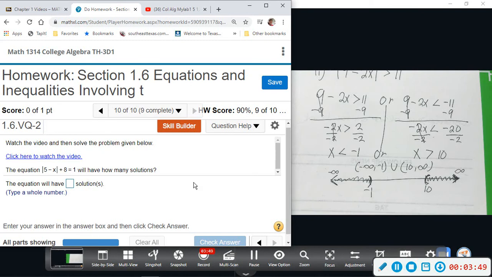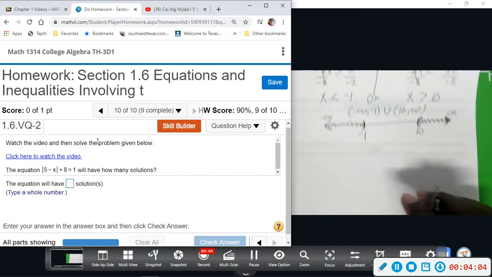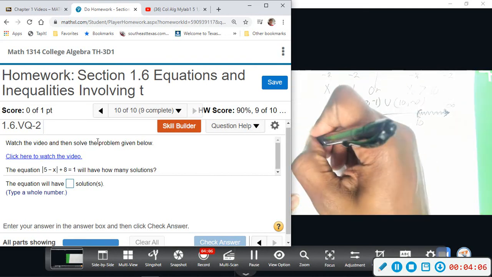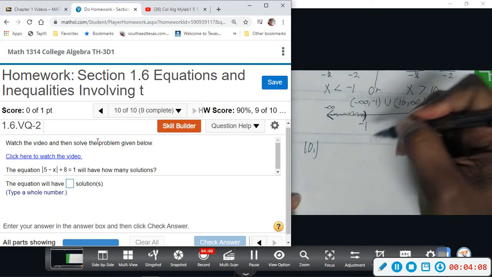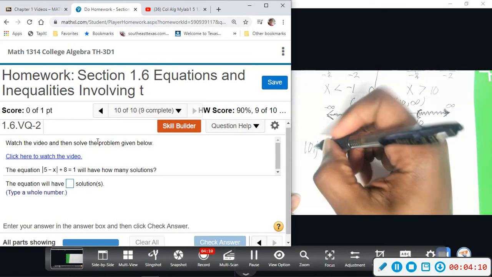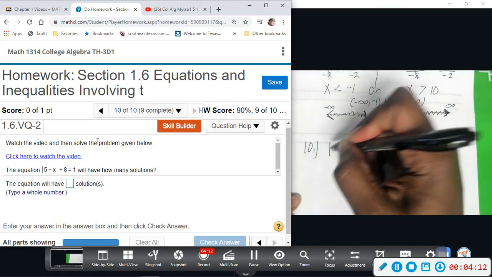Now 10 wants us to watch a video and then solve, but you can probably solve it without it. If you want to watch the video, it probably just gives you some direction. But we're just going to solve this just like the others. So this one with equality is not going to be as challenging without having to flip symbols.